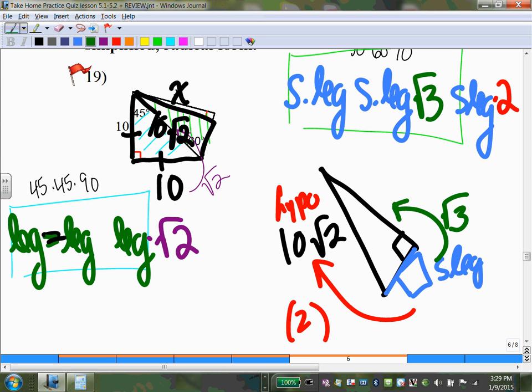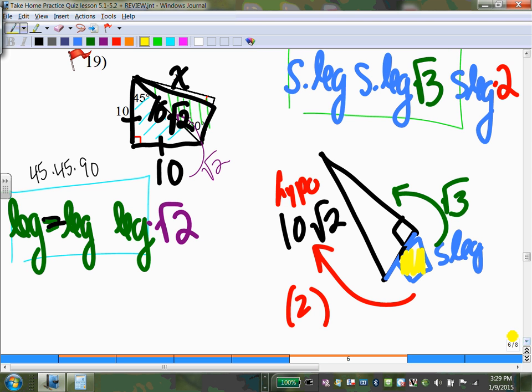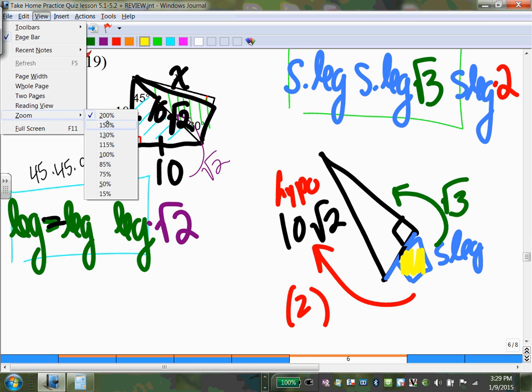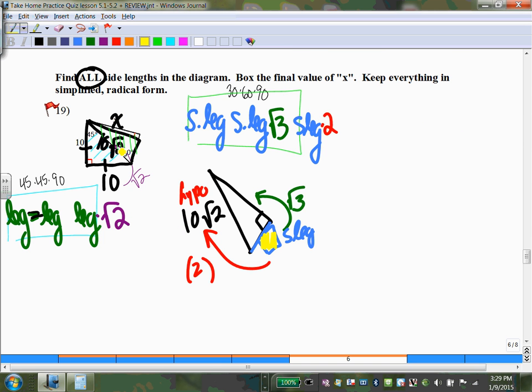So it reads like this. Something times 2 is 10 root 2.